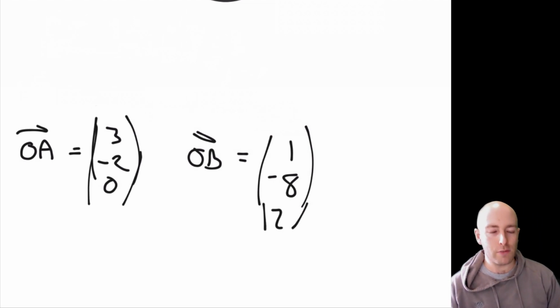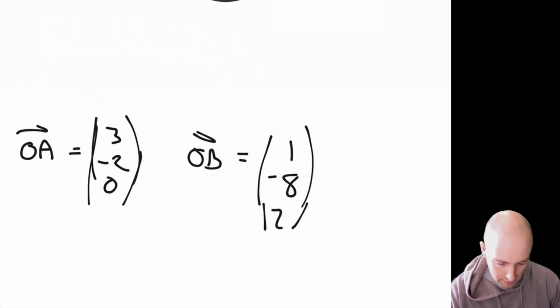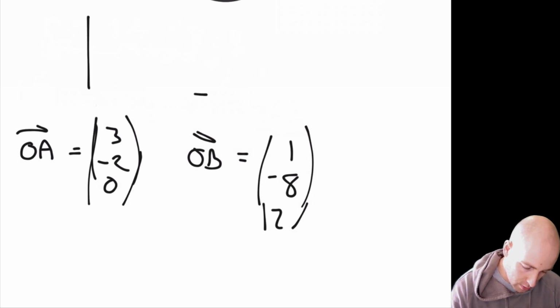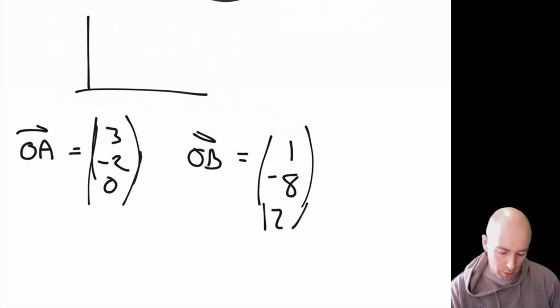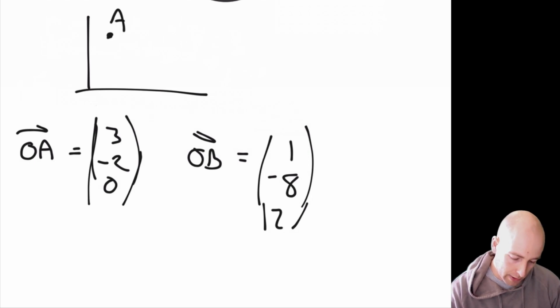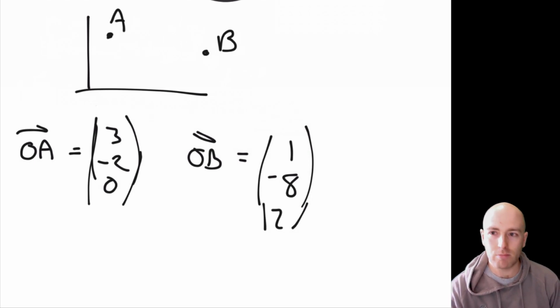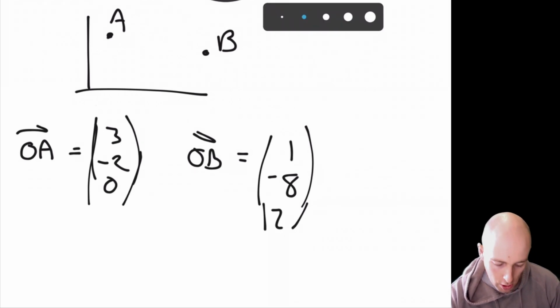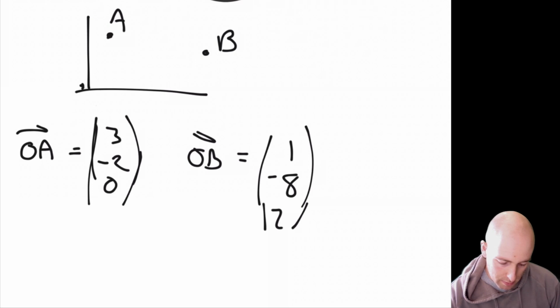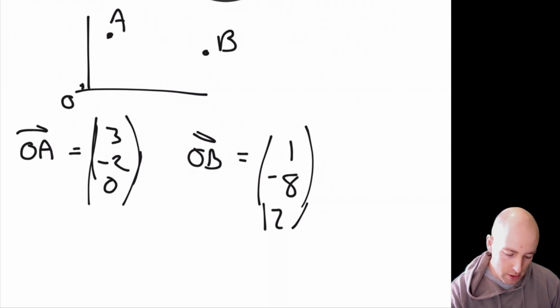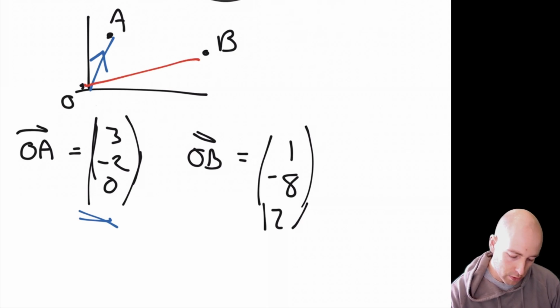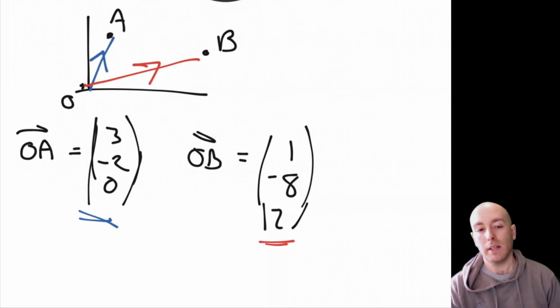It's clearer when it's 3D, but obviously you can't sketch 3D vectors, so I'm just going to sketch i and j, or x and y. I'm going to put A here, B here. You could say the sketch is wrong, but because we're talking about vectors, all that matters is that the origin to A is this vector, and the origin to B is this vector.